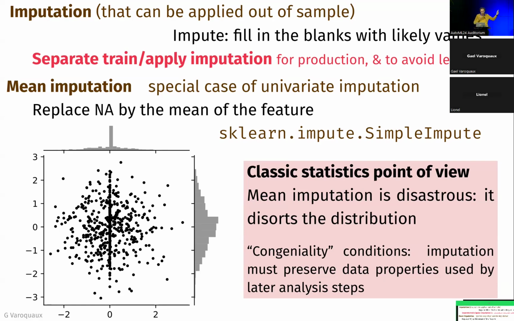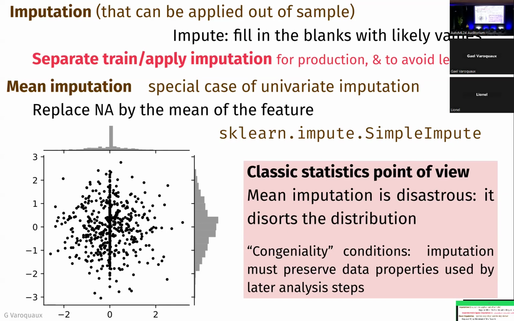So here I'm showing you the mean imputed data, and like in Rich Caruana's talk, you can clearly see where the value has been imputed. So you've created a distribution that doesn't match the underlying distribution. If we want to go further, the kind of statistical results that are behind this is that you need what's known as congeniality conditions. So the imputation must preserve the data properties that are used by the later analysis step.